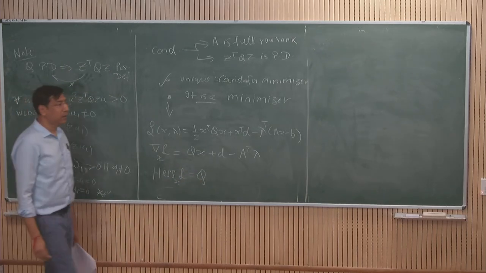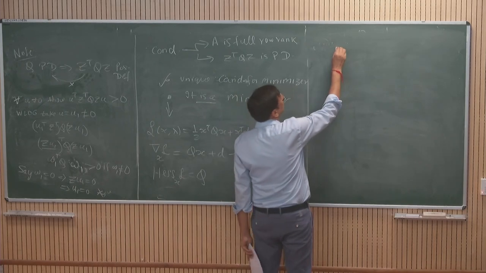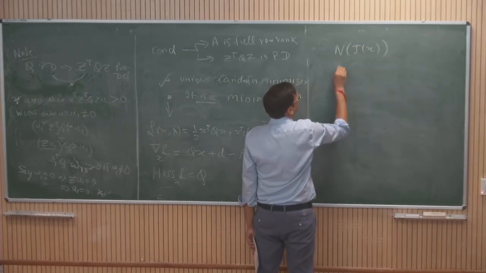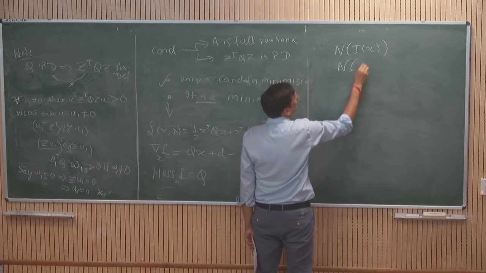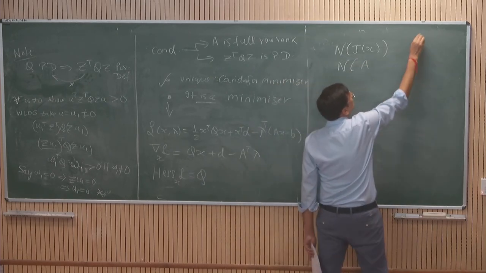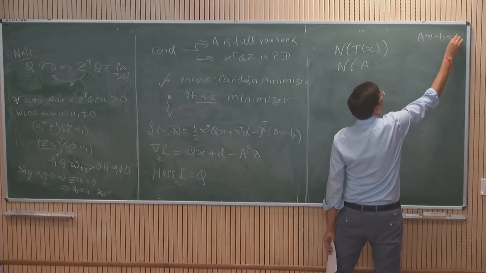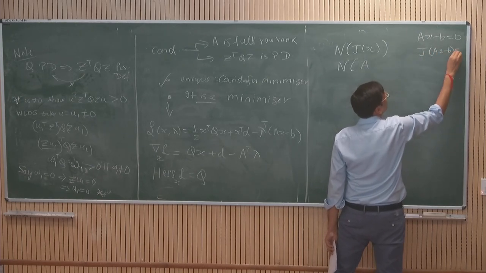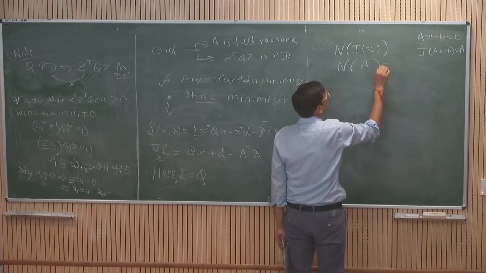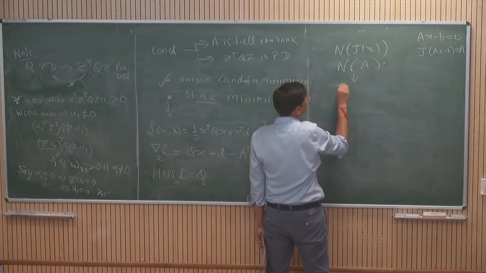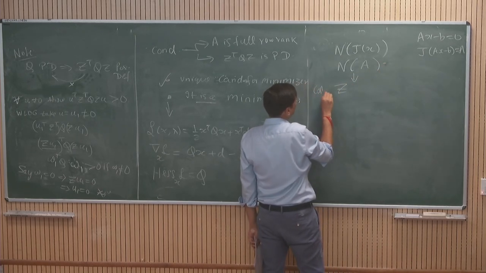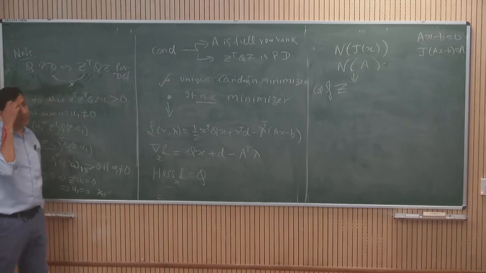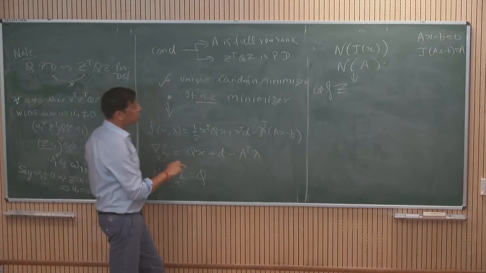That's one thing. And then you had to find the null space of the Jacobian of constraints. Because your constraints are Ax minus b equal to 0, the Jacobian of Ax minus b is nothing but the A matrix. So you have to find the null space of A, which is the columns of Z, the Z matrix. So what was the condition?